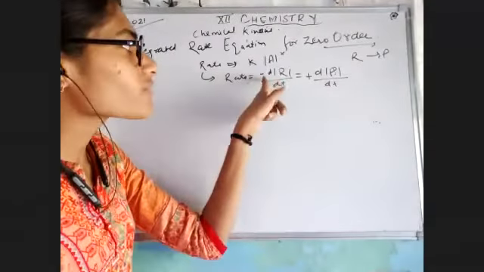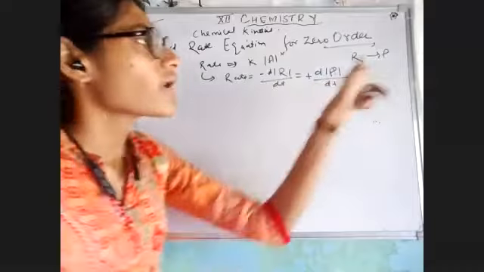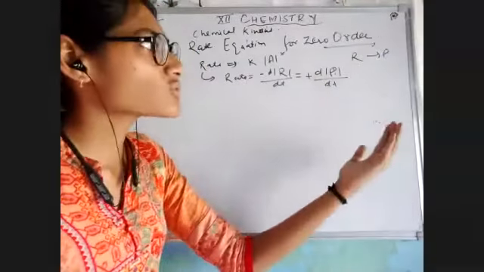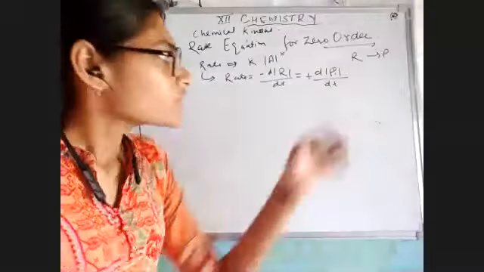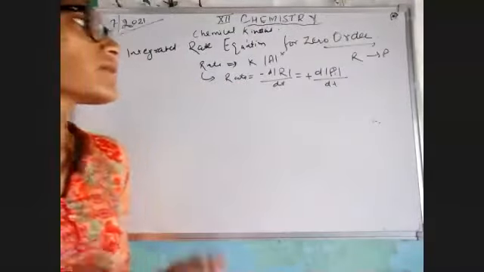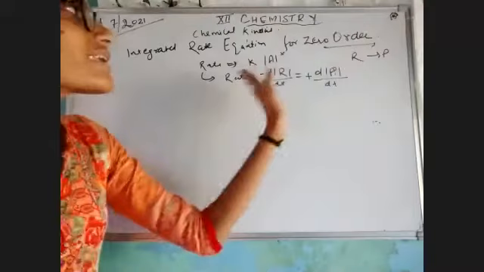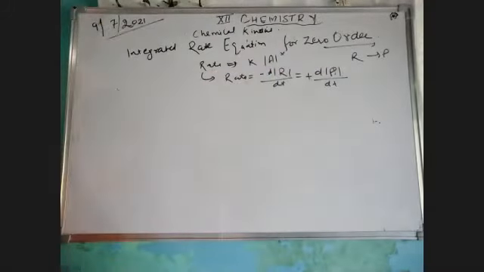That is why we are writing a negative sign here, and the product is forming with respect to time after 5 minutes, after 10 minutes, depending upon the reaction. So we are writing a positive sign over here. So we already know about the rate equation. Why are we writing the integrated rate equation?